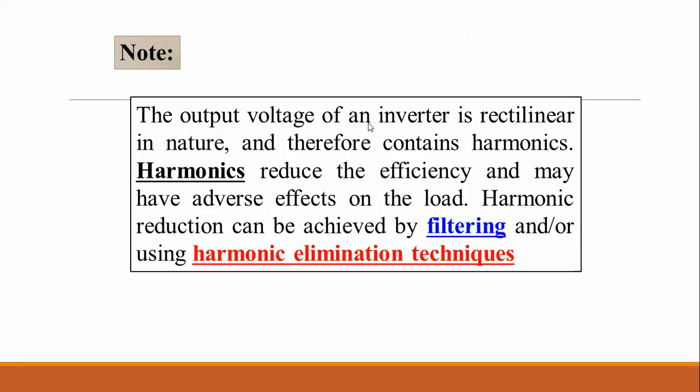There are some harmonics, so we have to use the Fourier series, extract the fundamental frequency, and filter it out. Here we get the actual desired AC voltage. We will define these steps in the following slides: what type of output we are getting, which techniques we can use, and how we can eliminate these harmonics to achieve our required output.